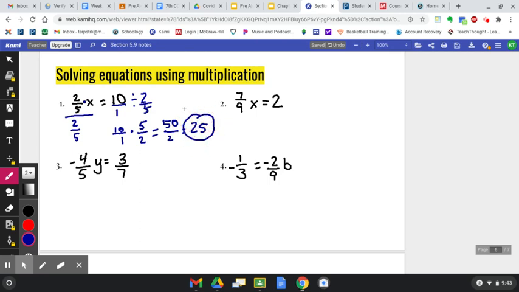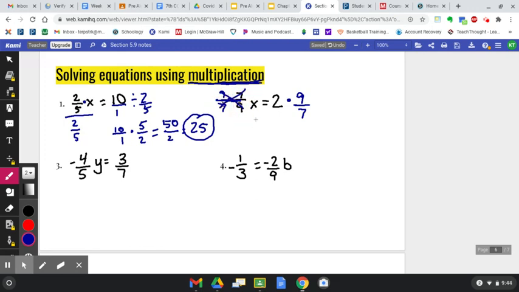So when it's a fraction out in front of the variable, we can use multiplication, and we'll just multiply by the reciprocal, meaning we're going to flip the fraction, right? So if I do this on both sides, and here's why. Remember, fractions we multiply straight across. So 9 times 7 will be 63. 7 times 9 is 63, right?